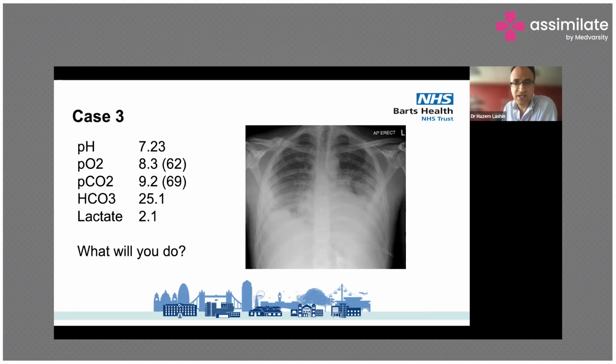multiple other comorbidities. Pneumonitis, yes, maybe this patient is aspirating, the abdomen is distended, and they've got pain. So what will you do? How would you manage this patient? How to manage this particular case is the next question.